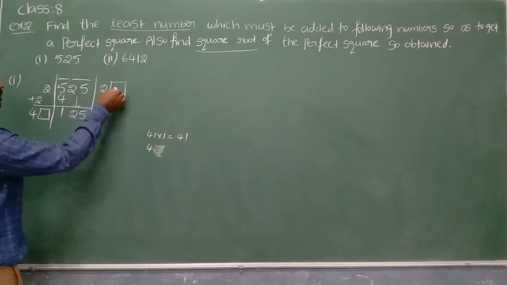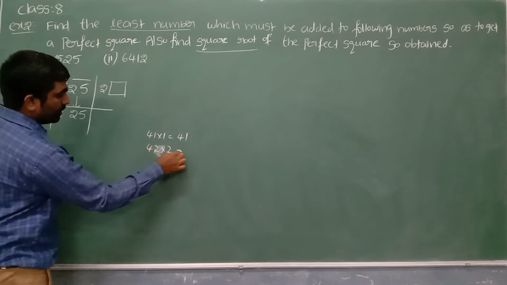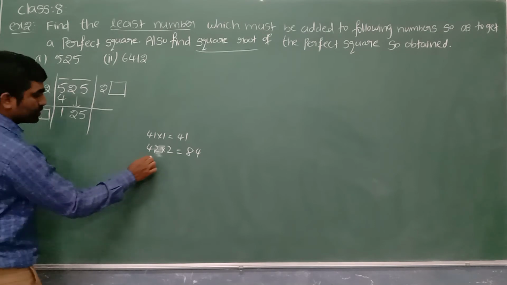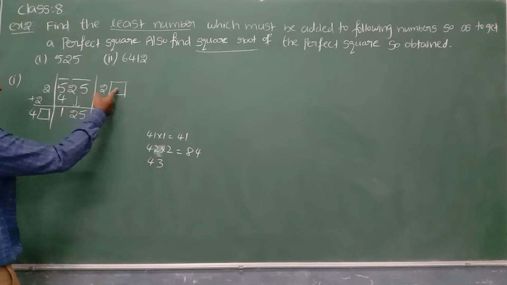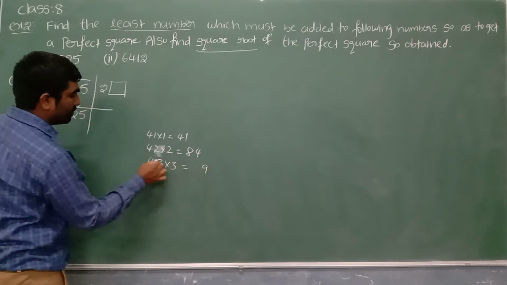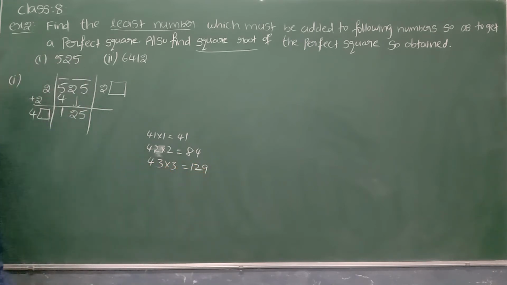If I write 2, 42 into 2, 2 2s are 4, 2 4s are 8, I'm getting 84. If I write 3 here, 43 into 3, 3 3s are 9, 3 4s are 12, I'm getting 129.